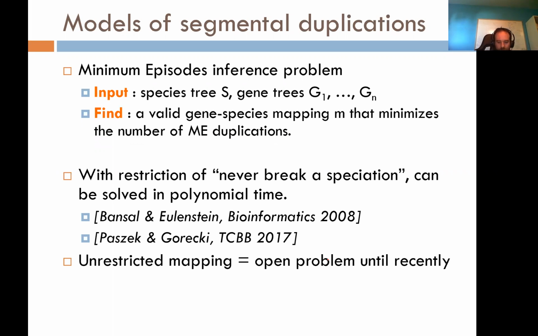Some known results on that: if you have still this restriction that I mentioned earlier, never break a speciation, it can be solved in polynomial time, under various other restrictions. But if you have no restriction on what you can remap to and where, it had remained an open problem that we managed to solve. The open problem was whether it could be done in polynomial time.